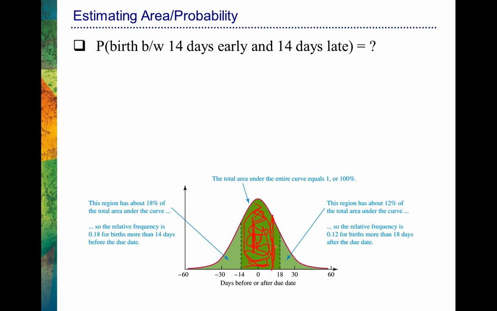Well, let's think about it for a second. From 0 to 14 days early, we should be able to figure out that area because I know from 0 all the way out here to the earliest, most premature births is 50% of the distribution. And 18% falls right here.